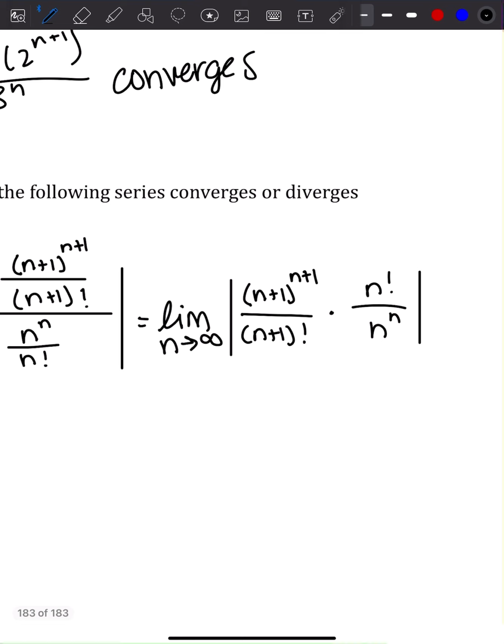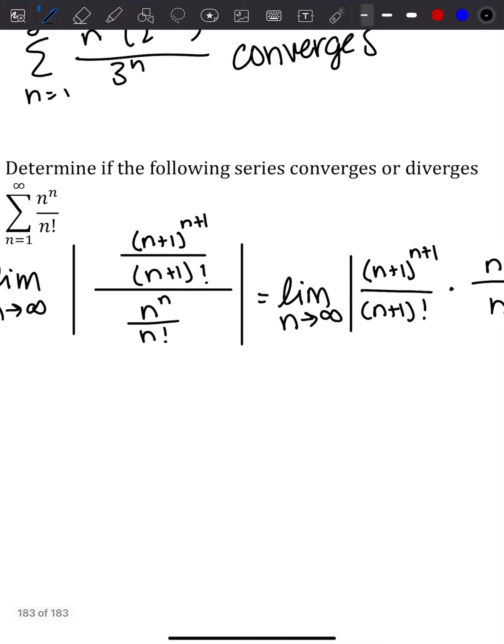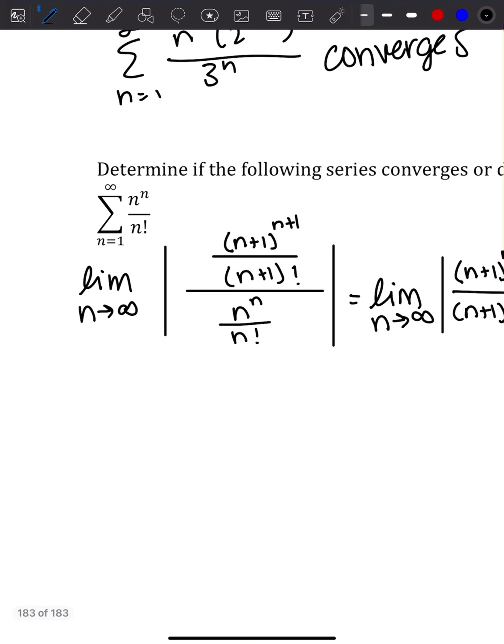The real thing we can simplify is our n factorials and n plus 1 factorial. Reminding that n factorial is n times n minus 1 times n minus 2 times n minus 3, and so on until we get to 2 times 1.